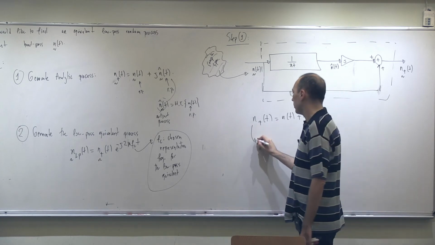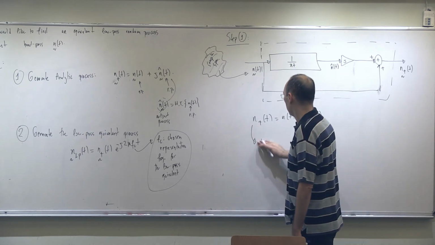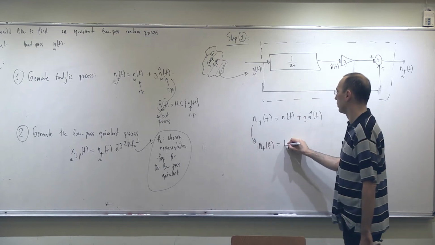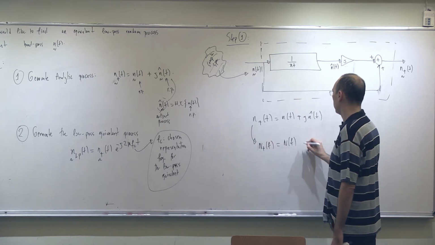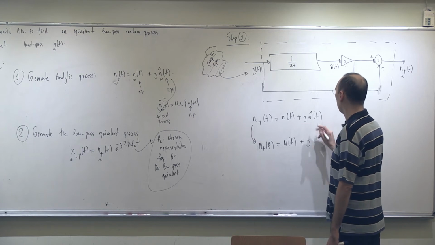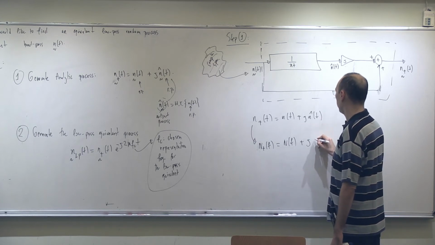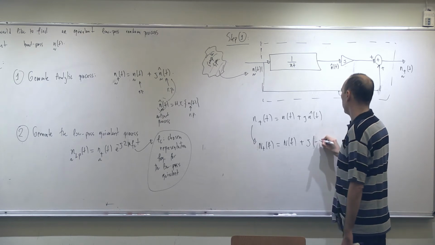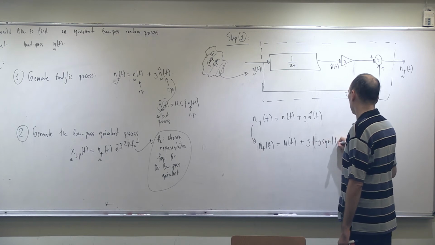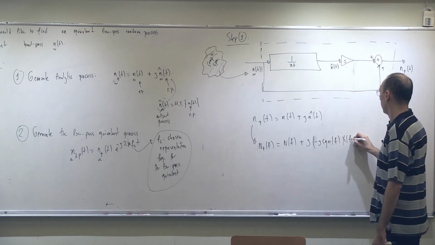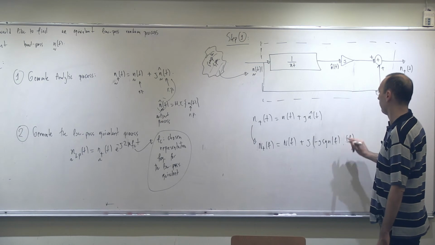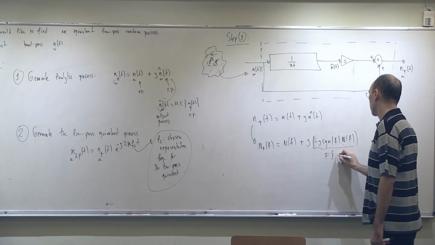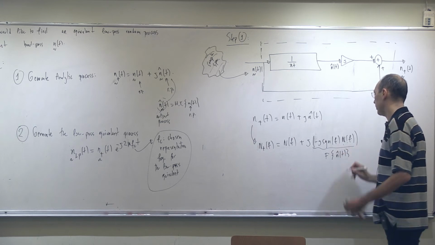So if I take its Fourier transform, this is capital N of f plus j times minus j signum f, not x this time, n of f. So this is the Fourier transform of n hat of t. Am I right?